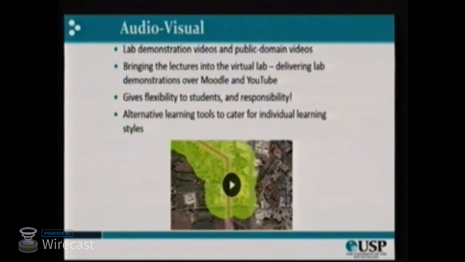Audio-visual aids obviously give flexibility to students, and they put the onus and responsibility on the students to look at this material, which will contribute to their assessments or to other parts of their learning. And it's just another alternative tool that will cater to particular individual learning styles.